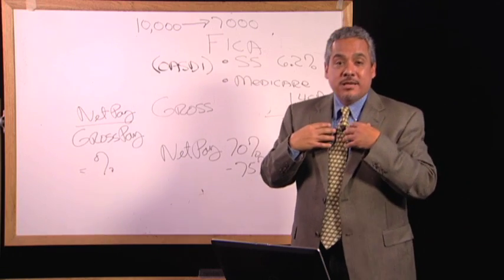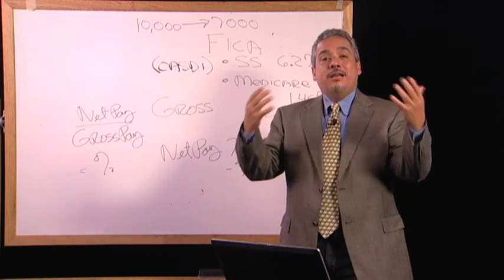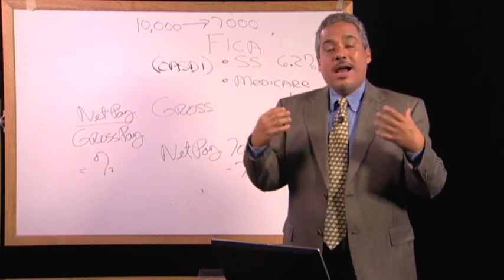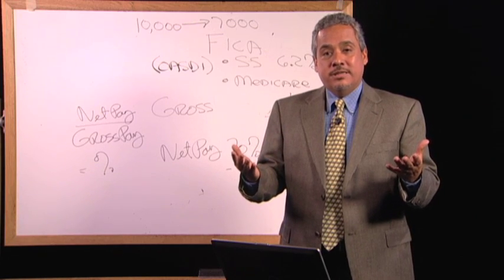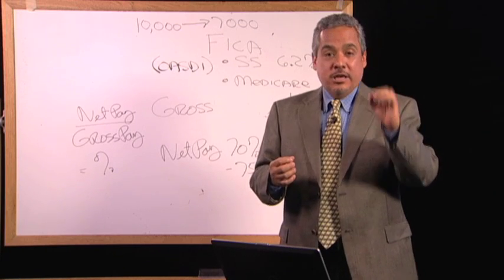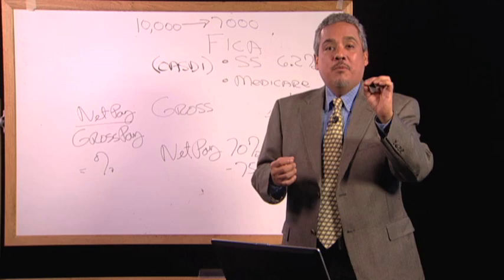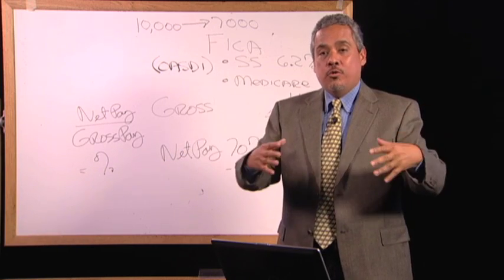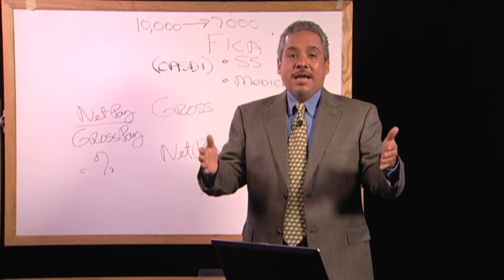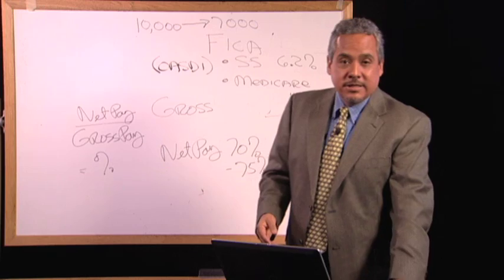For example, myself, being an employee of El Paso Community College and being an instructor, I do not pay into the Social Security system. So on my paycheck stub under Social Security, it should say 0, because we have our own retirement plan. And so not everybody pays into the Social Security system.